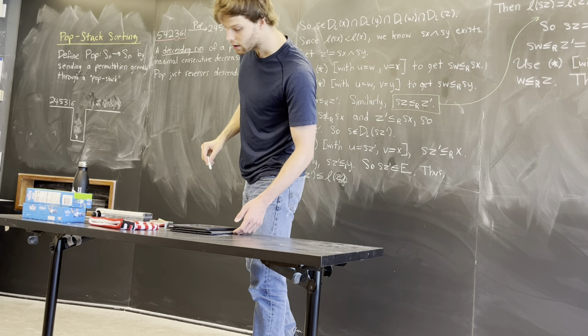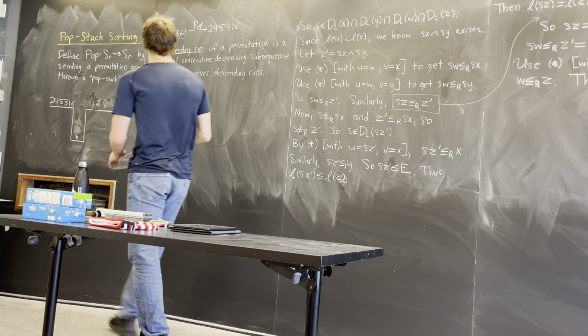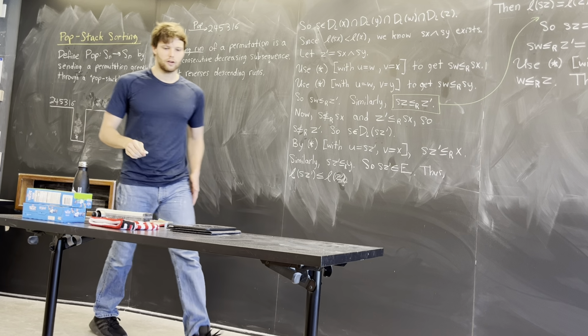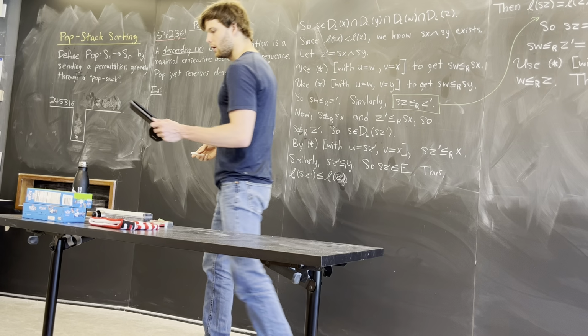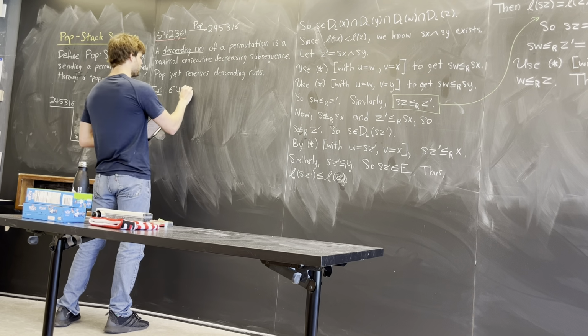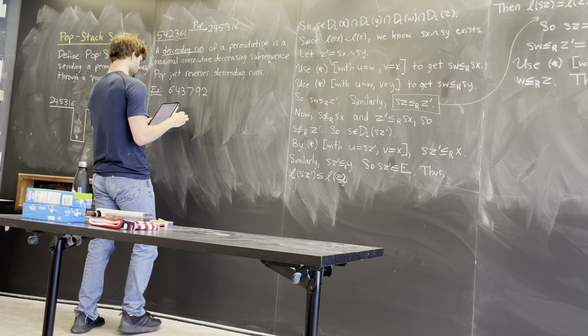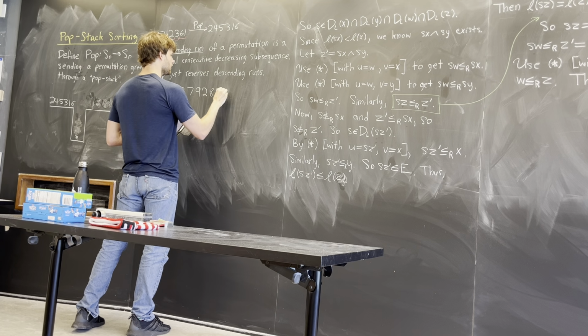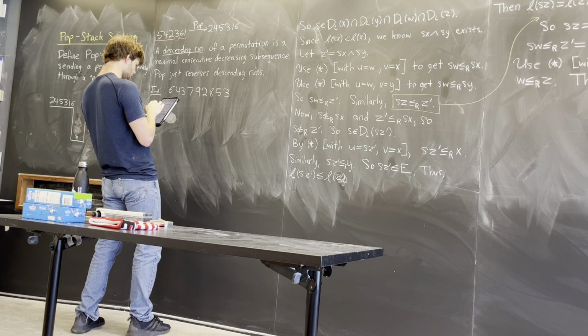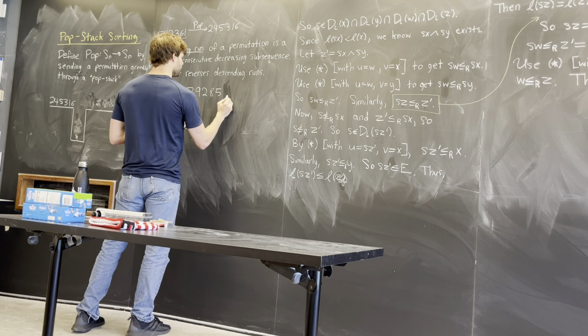Let me do a slightly bigger example. So if I took 6, 4, 3, 7, 9, 2, 8, 5, wait, I have 2 3s here. What am I missing? Oh, 1.